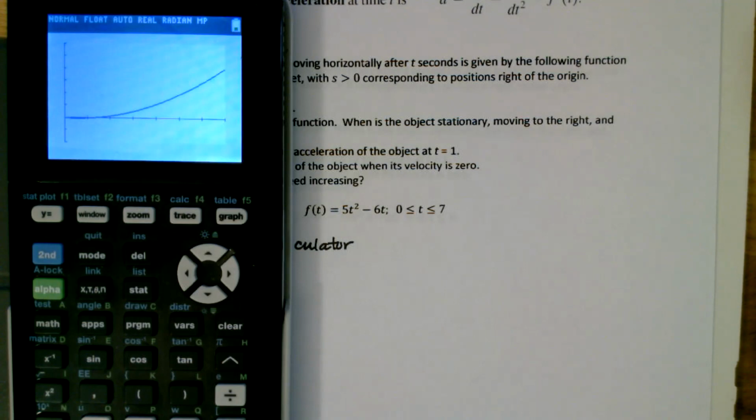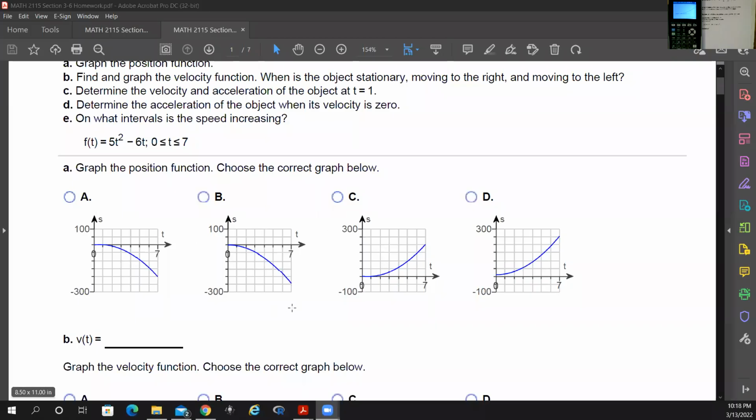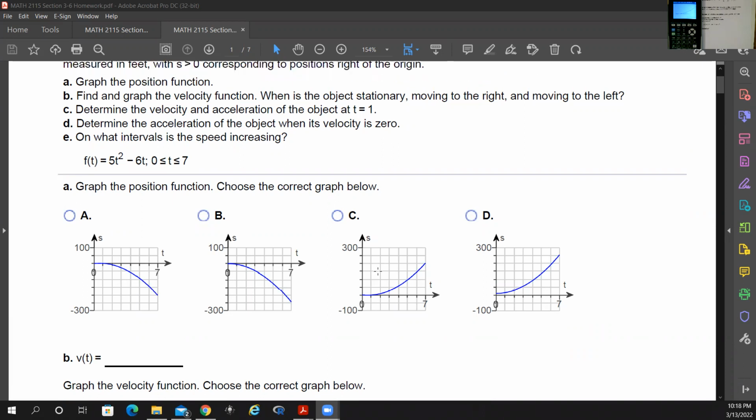Now, I'm going to show you on another screen why I use those settings. If you look at the possible answer choices here, you're going to see that they're using a different y min and y max. Same thing here. And I know it's opening upward because if you look at t squared, which is the highest exponent in that function, its coefficient is positive. So that means the graph has to open upward.